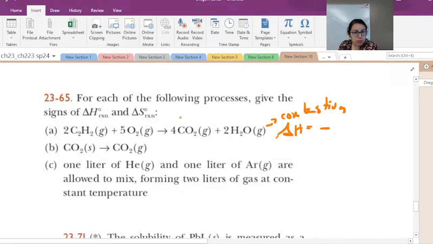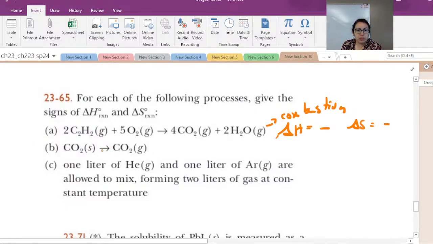And what can we say then about our change in entropy? Do you notice anything? So less moles, and everything's in the gaseous state. So since it's less moles, our change in entropy is negative as well.